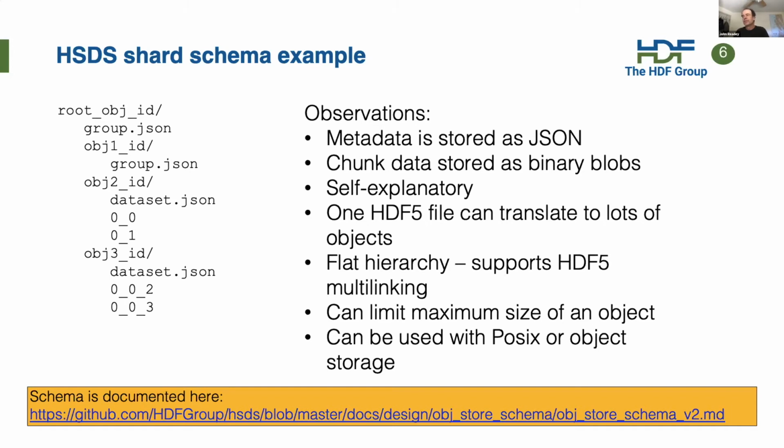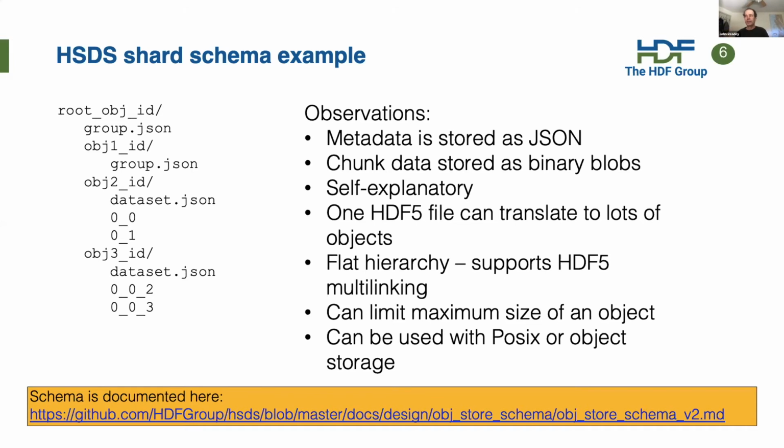One thing that strikes some people as strange is that this hierarchy isn't like the hierarchy you have with HDF5 groups and subgroups and data sets. That's so we can efficiently support multi-linking. So if you have, say, two groups that point to the same data set, that works very well here.